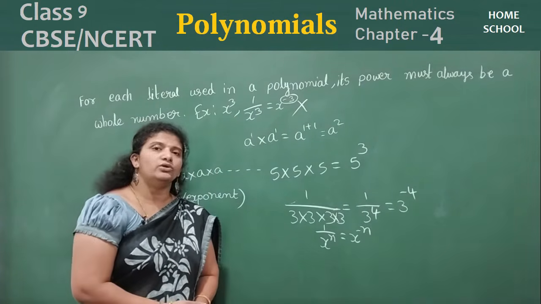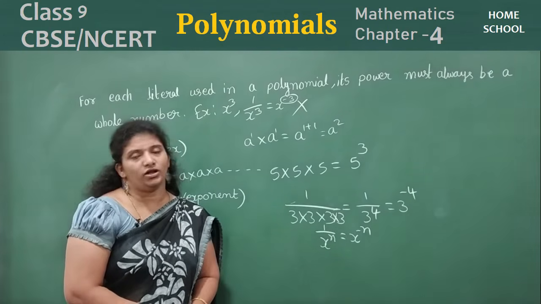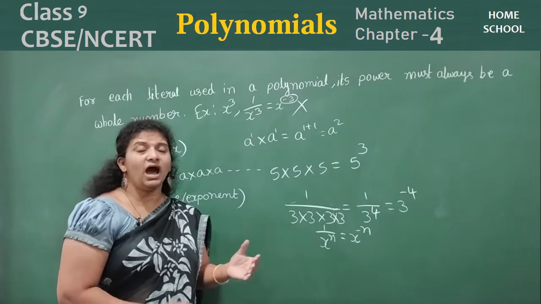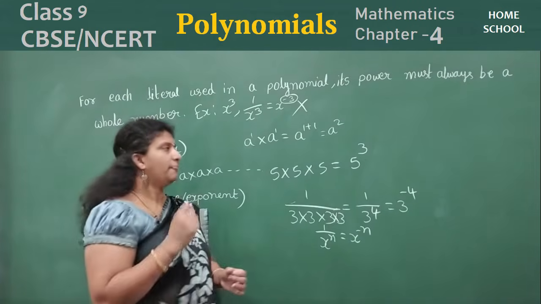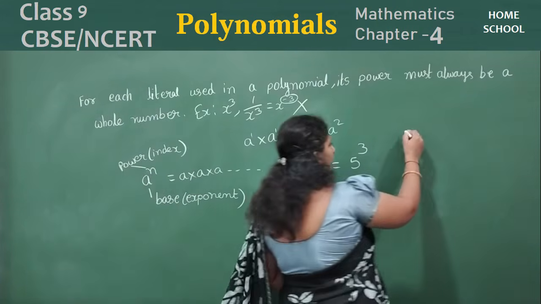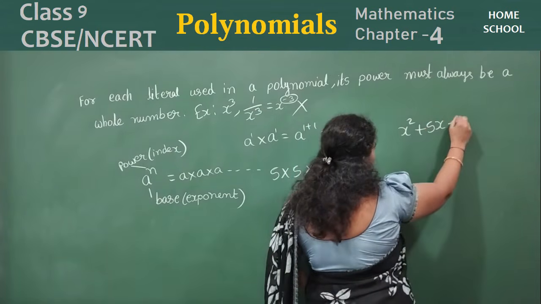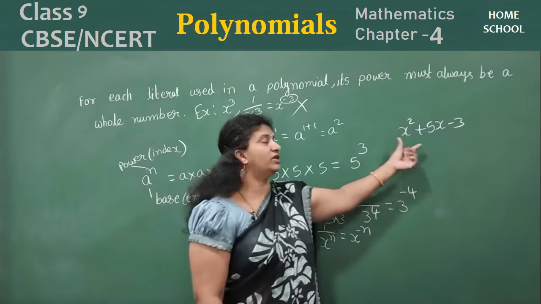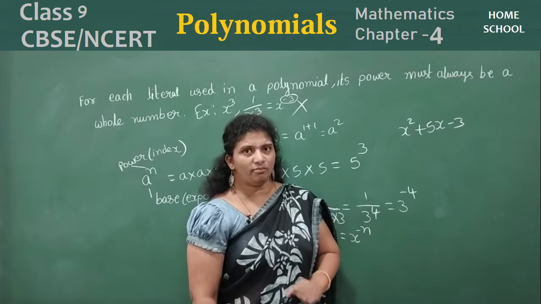Now we are going to learn one more important topic, that is the degree of a polynomial. What is the degree, children? Degree is nothing but the highest power in a given algebraic expression. Suppose I take x square plus 5x minus 3. This is an algebraic expression of 3 terms, which means it is a trinomial.